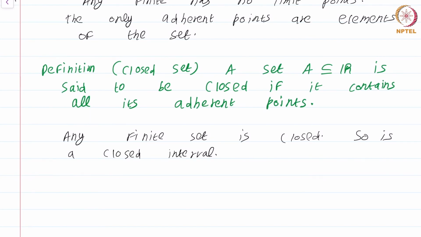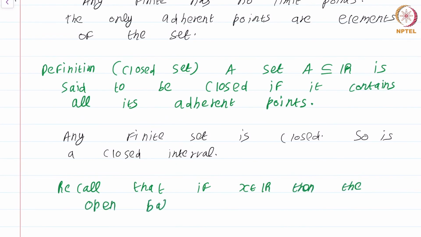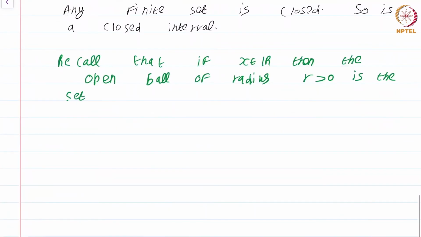So to make this precise, I need to recall that if x is in R, then the open ball of radius r greater than 0 is the set B(x, r) defined to be y in R such that |x minus y| is less than r, right?